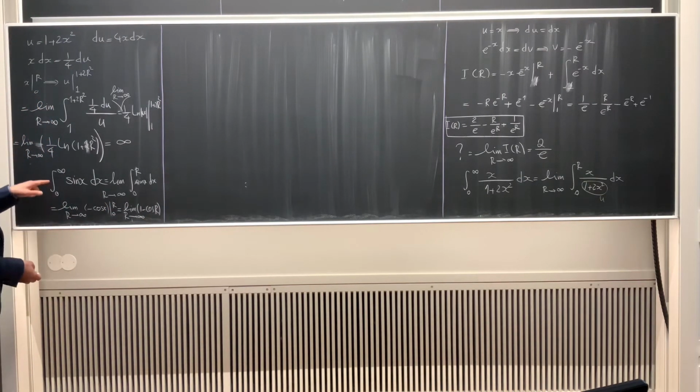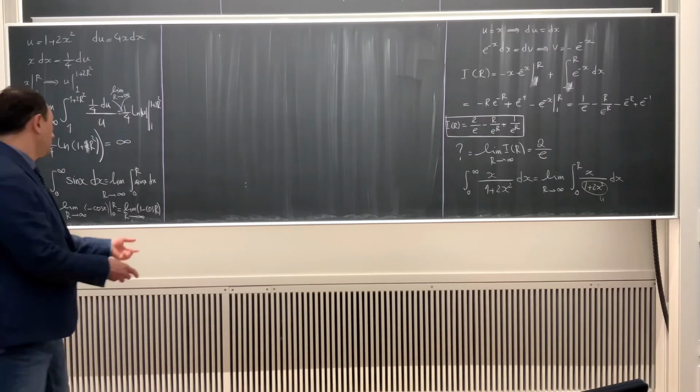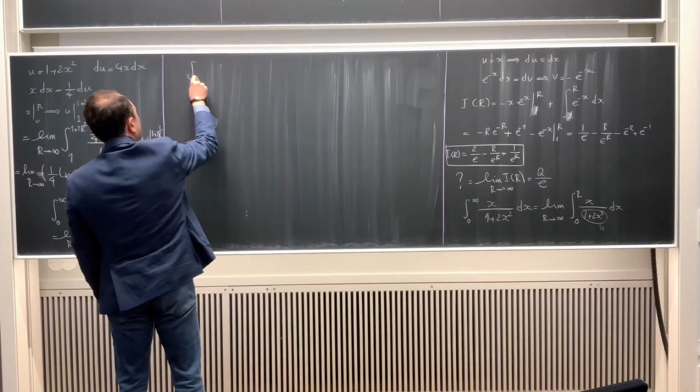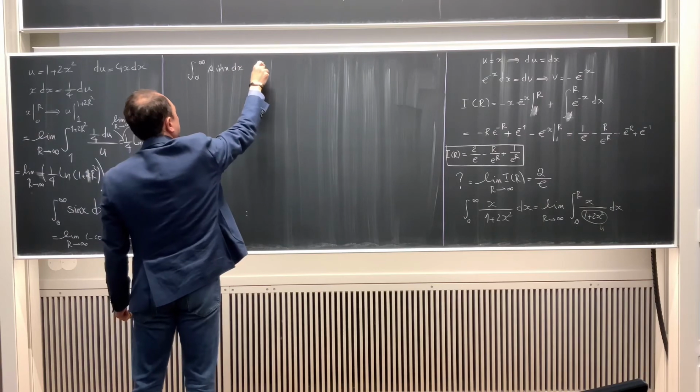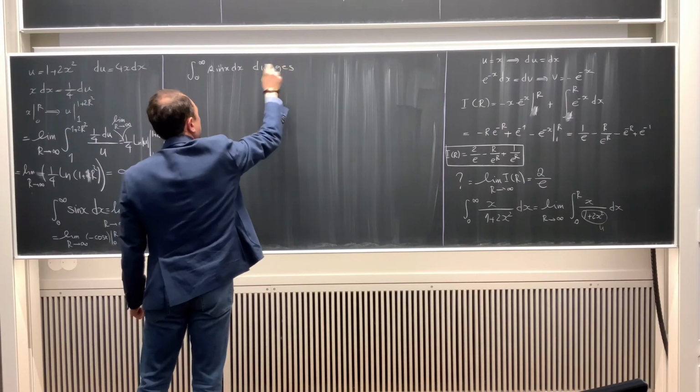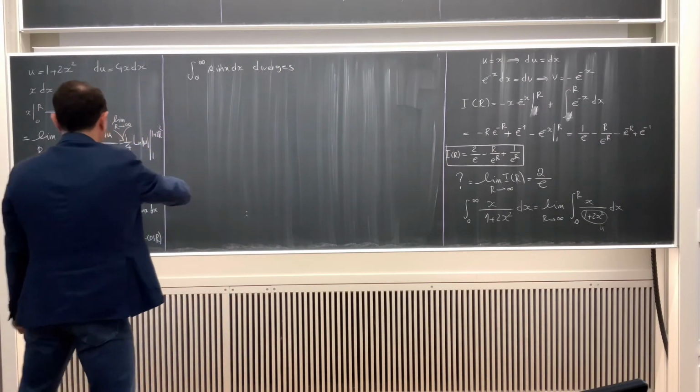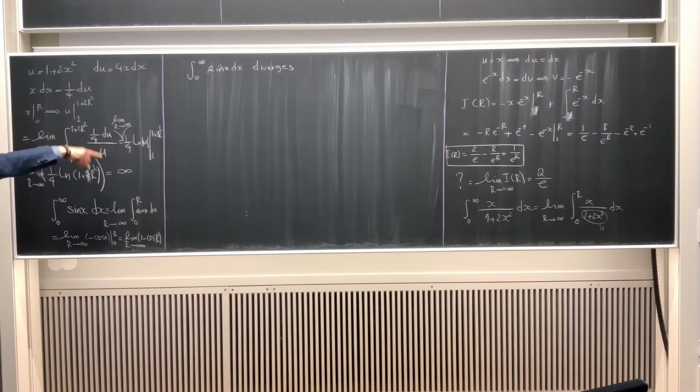This means that this integral is divergent, but not divergent to infinity, just simply diverges. So the integral from 0 to infinity of sine x dx diverges, not to infinity. In the previous case, I can say it diverges to infinity, but here it simply diverges.